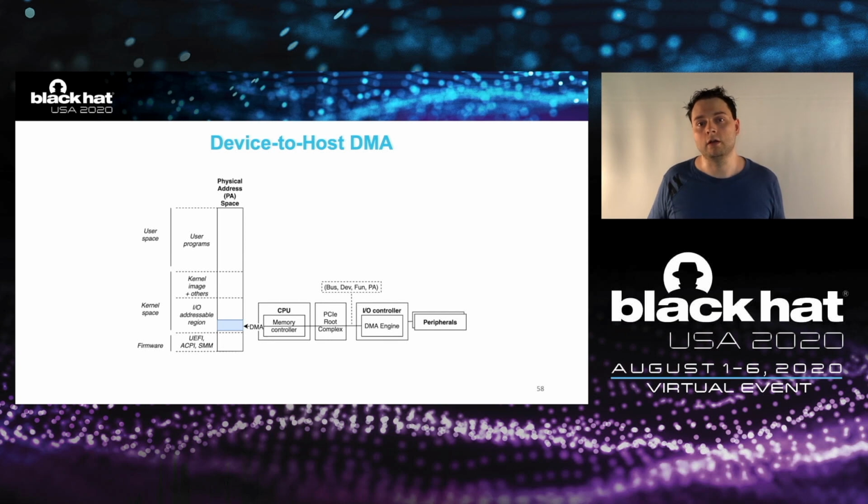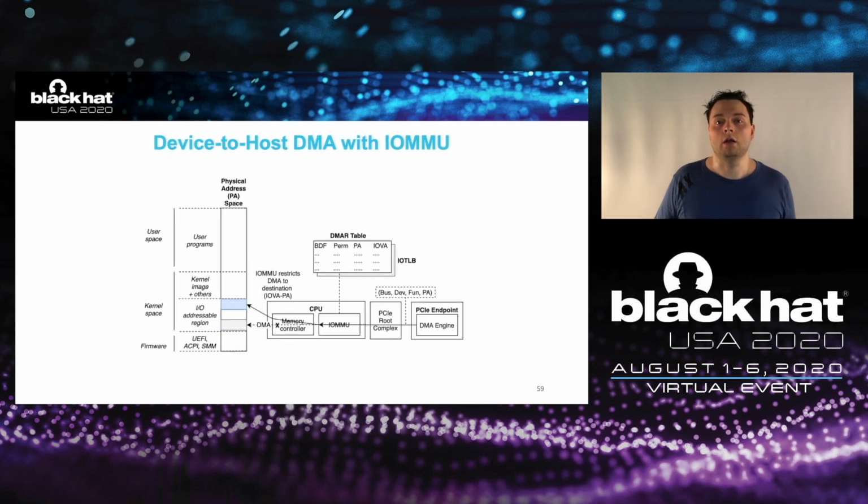Normally when a device does DMA to the host, it does that directly to the IO addressable region. And when kernel DMA protection is enabled, there's an IOMMU in between, so devices, malicious and legitimate alike, cannot read or write outside the boundaries which have been set by this IOMMU.